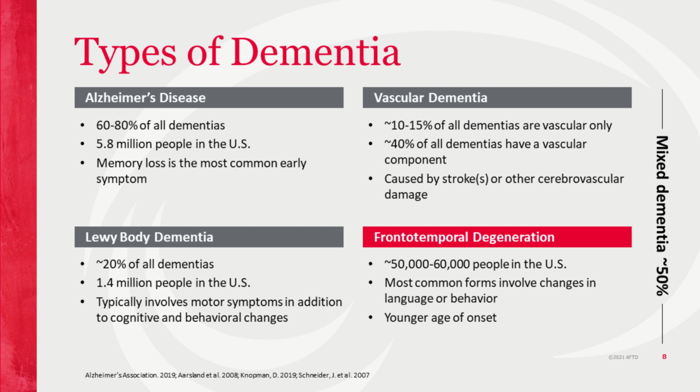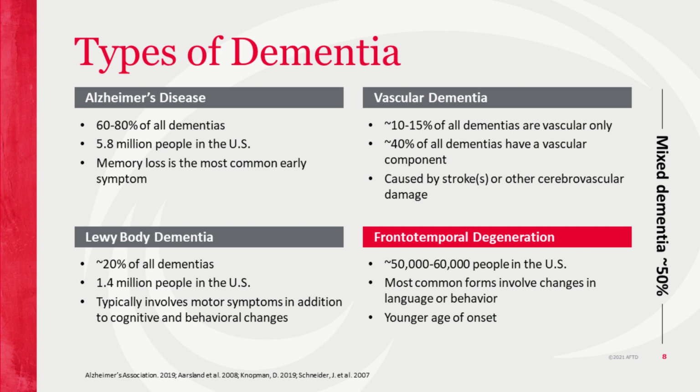So, frontotemporal degeneration. Roughly 50 to 60,000 people in the U.S. That's a figure that we believe may be underdiagnosed. With FTD, it takes quite a while for people to get an accurate diagnosis, over 3.5 years on average. And sometimes people live with another diagnosis. And so that's a challenge.